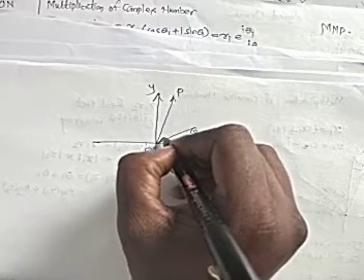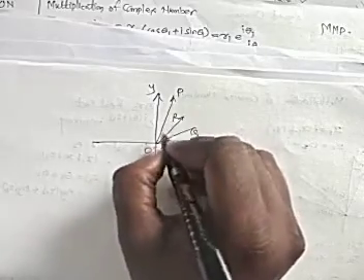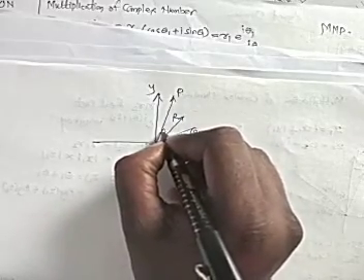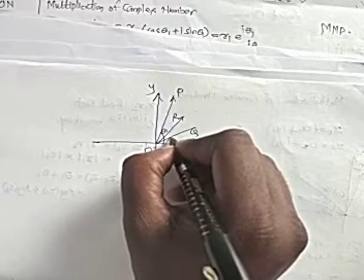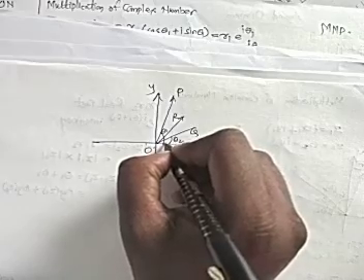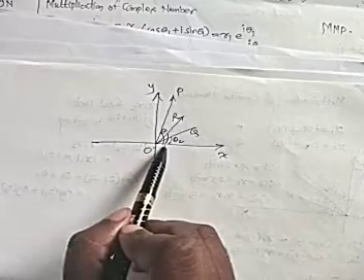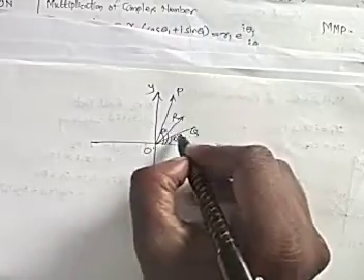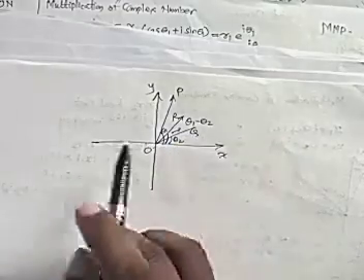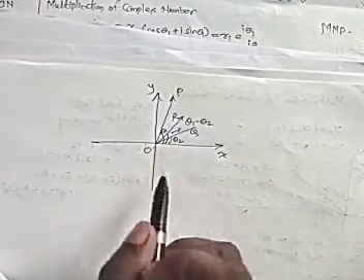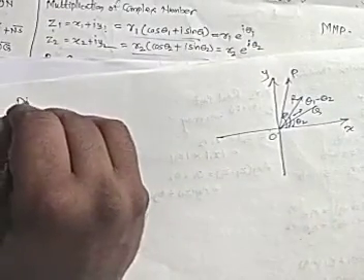From the middle we will have OR. OP is at angle theta 1, OQ is at angle theta 2, and OR, in between, will have the form theta 1 minus theta 2. Okay, so this is the structure.